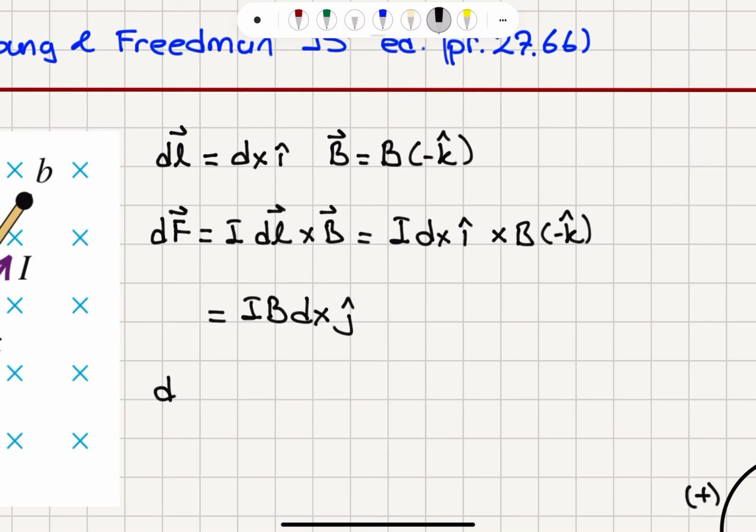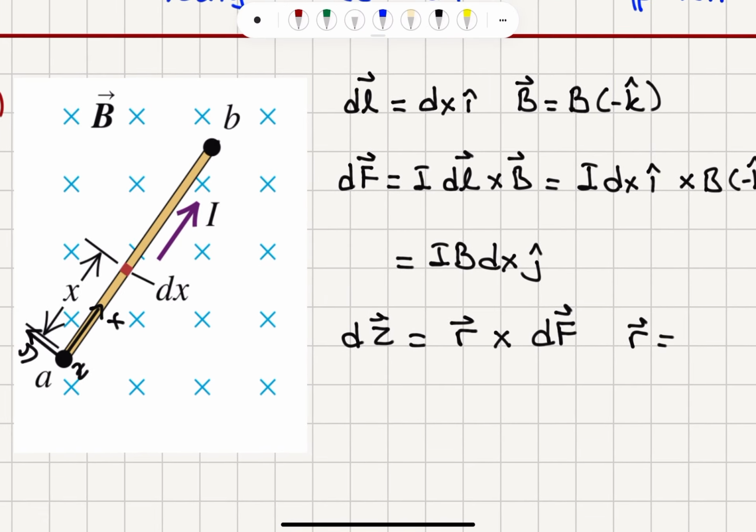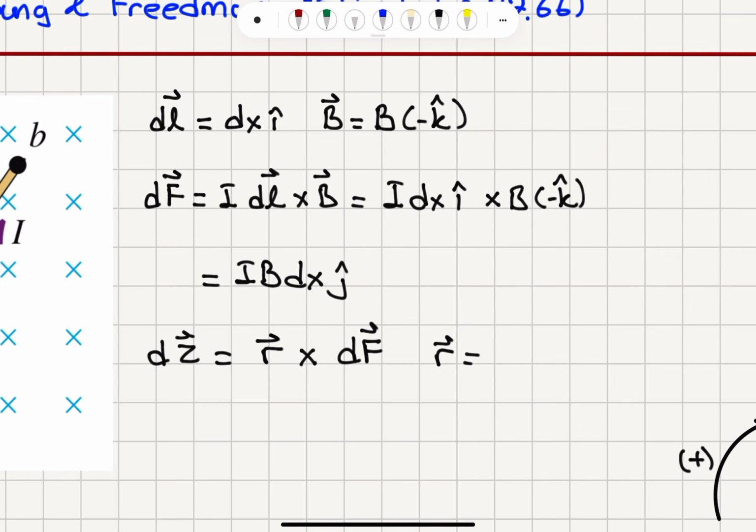What is the torque d tau due to this force? It is the position vector of the line element with respect to the pivot point, cross product with the force, r cross dF. Now, what is the position vector of the line element? It is located at a distance x from point A. So it's going to be x i hat, on the positive x-axis.